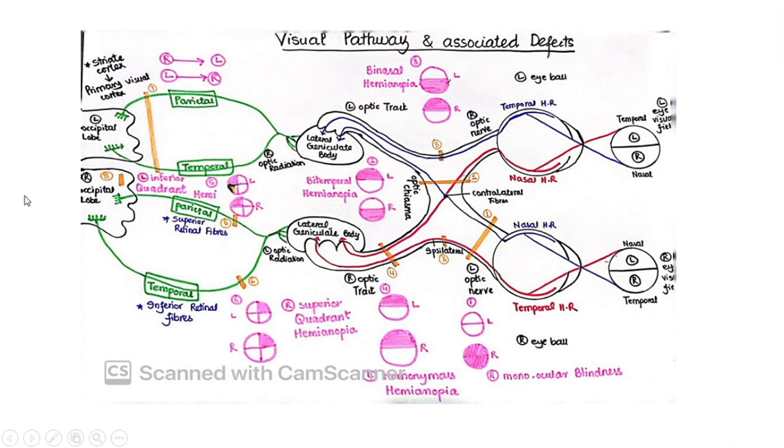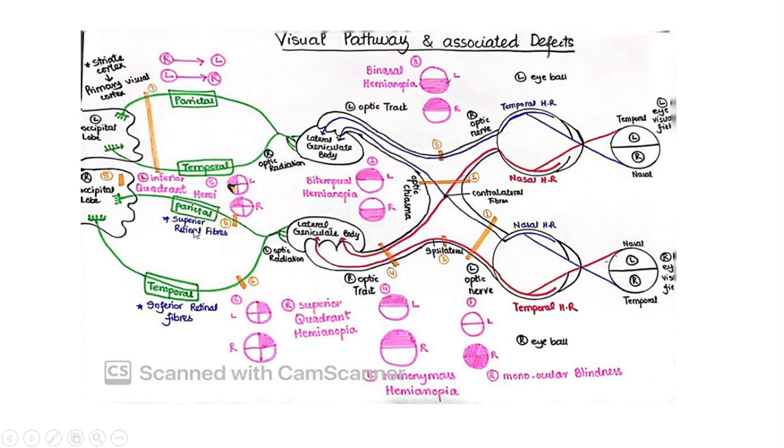When you are seeing from this side, as your eye is here, I cannot write down here, so you are seeing from this viewpoint. So we have divided it into four components. You can see that these are the superior quadrants and these are the inferior quadrants. Similarly here, these are the superior quadrants and these are the inferior quadrants.